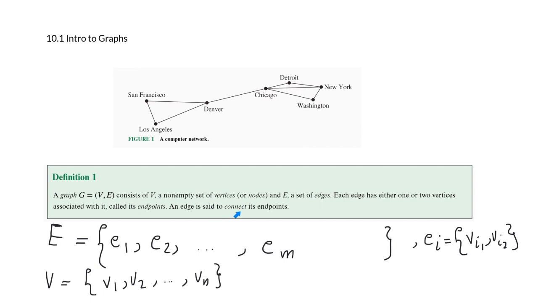And the edge is said to connect its endpoints. Another terminology here is incident. It's very often said that an edge is incident to its endpoints. So Ei here is incident to vi1 and vi2, and vi1 and vi2 are each also incident on Ei.